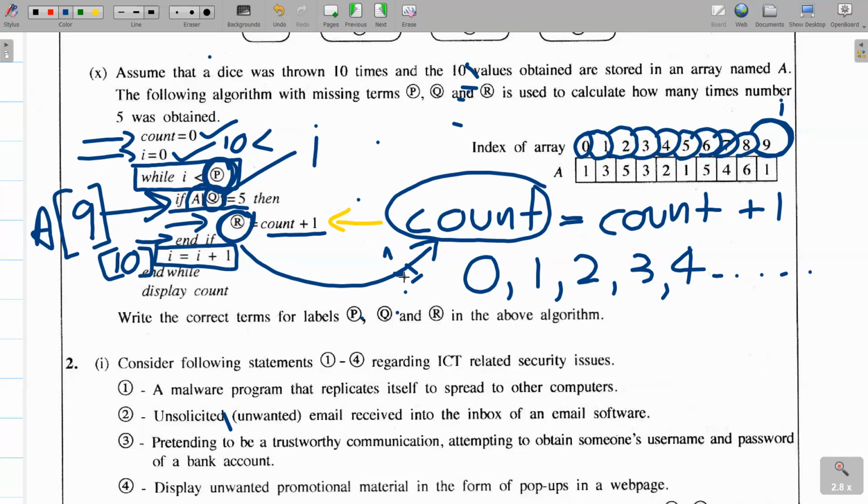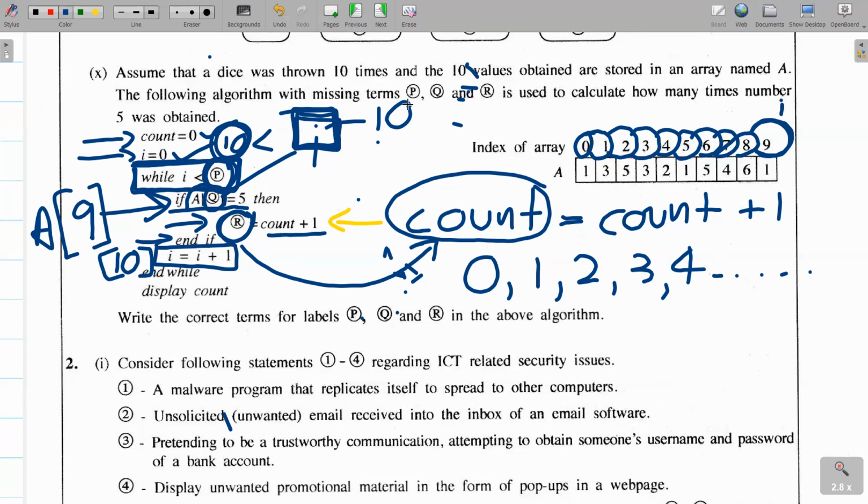So if the condition needs to be false, then once the I becomes 10, the value on this side needs to be something which makes this condition false. So if you have 10 over here, that means 10 less than 10 is going to give you a false answer, right?